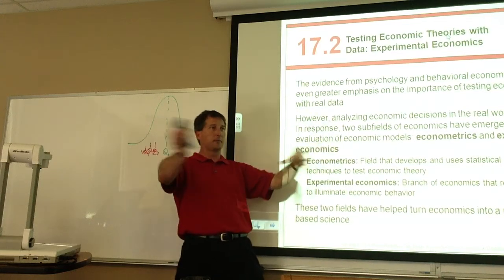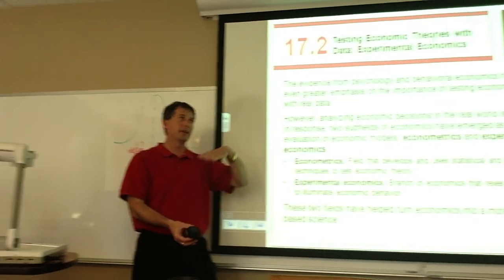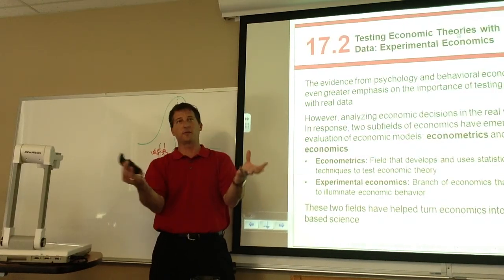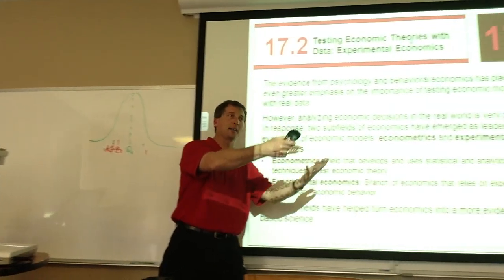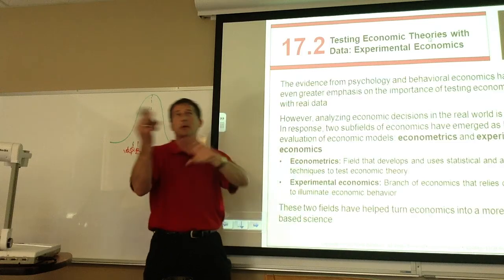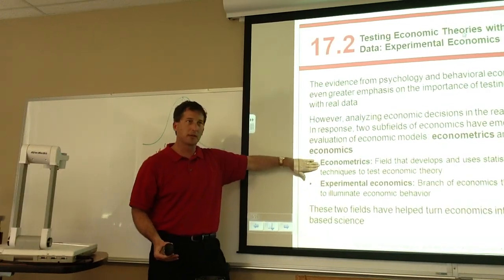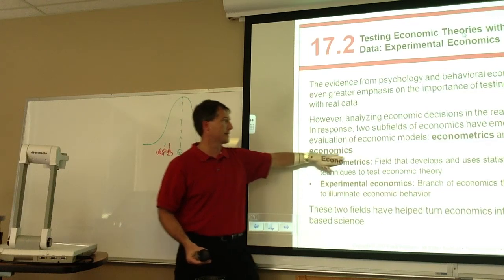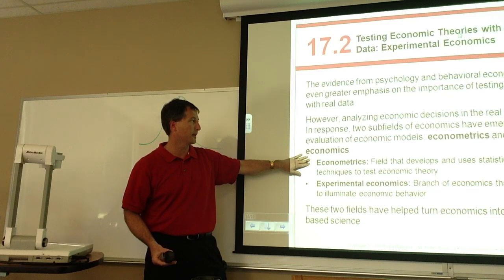The real world results in outcomes, and we assume that those outcomes came from a bunch of agents making rational choices. We go in and apply statistics to see what the elasticity of demand is. How sensitive are people to income? How sensitive are people to price? So that's collecting real world data and then applying statistics and mathematics to that to come up with some results.